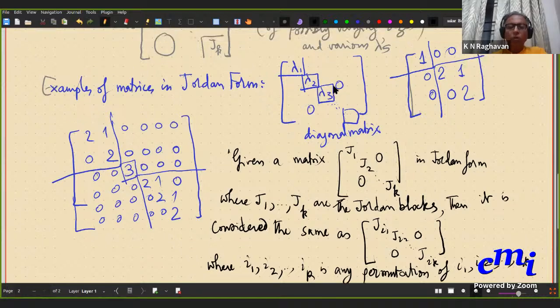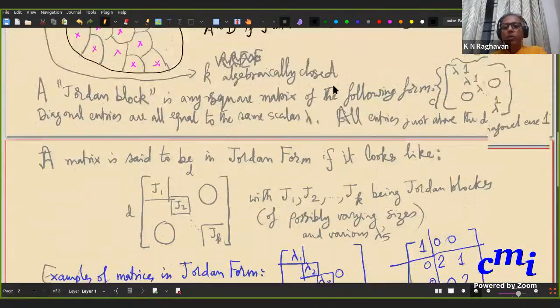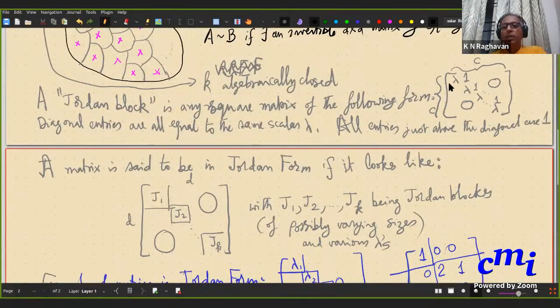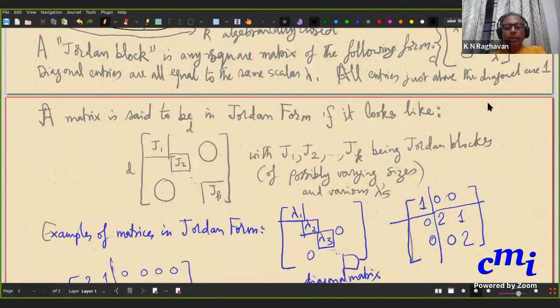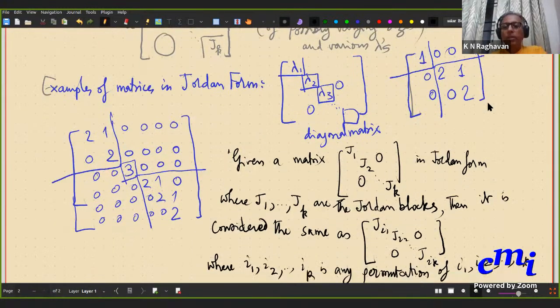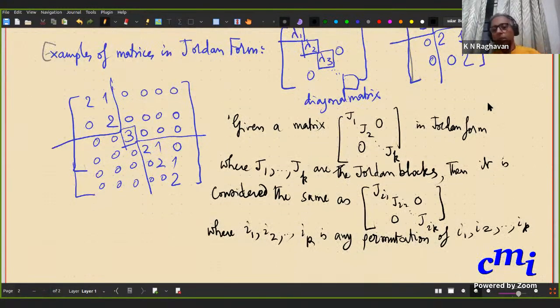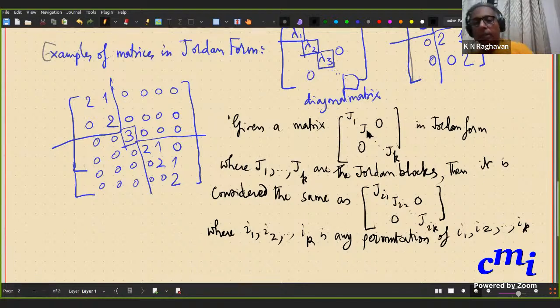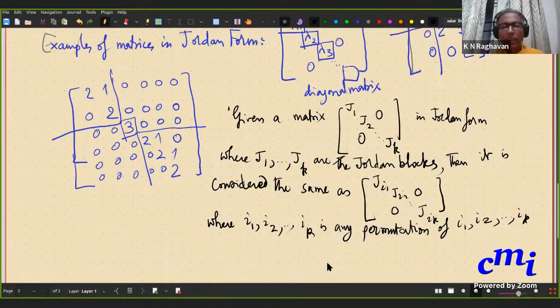And we've seen what a Jordan block looks like: lambda, lambda, lambda on the diagonal and 1, 1, 1 on top. And moreover, two matrices in Jordan form are considered the same if I have just permuted the blocks. If they are the same blocks in some order, you could write them in one order, I could write them in another order, then we consider the matrices to be the same.